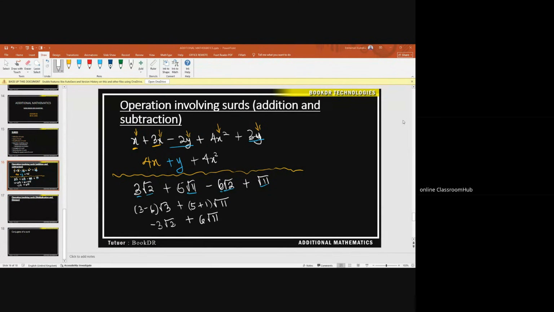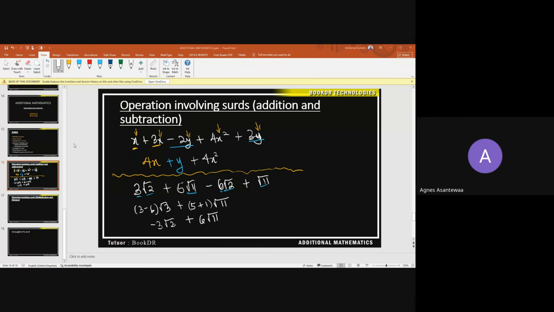Let me open the microphone so that if you have a question, you can ask. Please, how did you get the 3 minus 6 root 3? Okay, so there's a mistake.